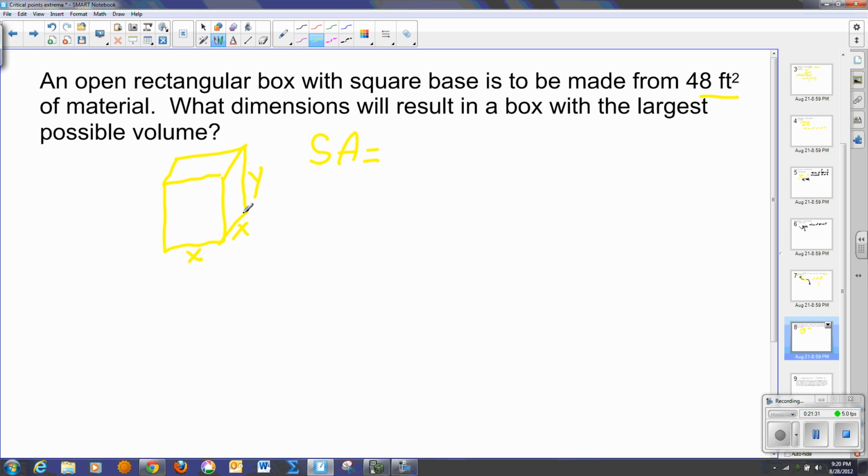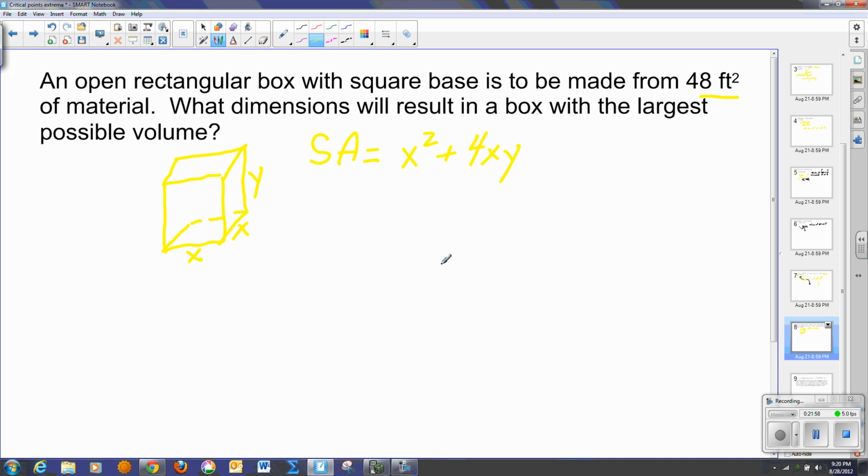Since the bottom is a square, I'm using x squared amount of material for that. Now the sides are all the same because the base is square. The sides are all x by y. And there's how many sides to a box? 4. So my surface area equation is x squared plus 4xy.